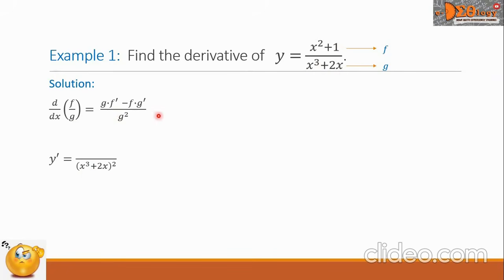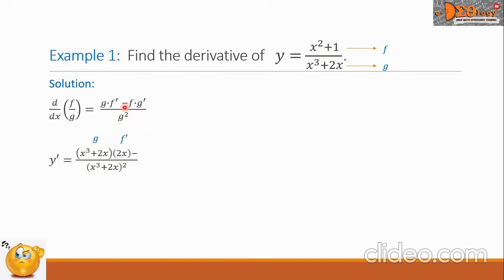And then let's begin with writing the first product. And this is g times f prime. So we write here x cubed plus 2x, that is g, times the derivative of f. So we have the derivative of x squared plus 1, we write here 2x.